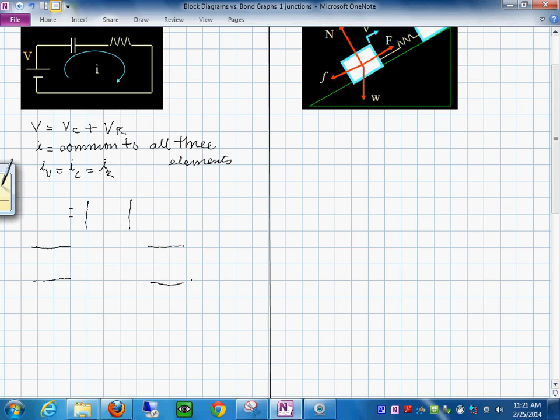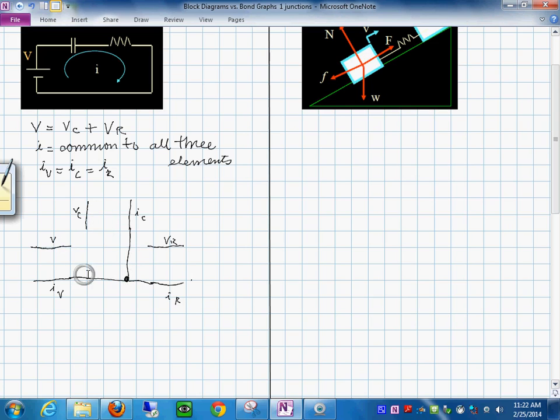So why don't we put here V of C like this, and this will be I of C, this would be V of R, and this would be I of R. And this would be V like that, and this would be I of V like this. So the currents are the same. So this would actually mean that this connect like this, see?